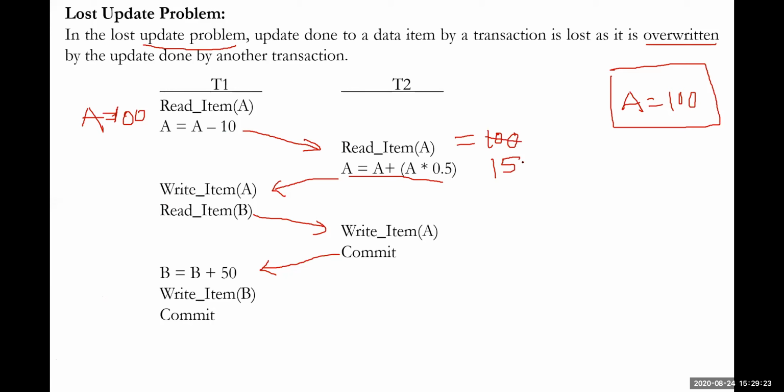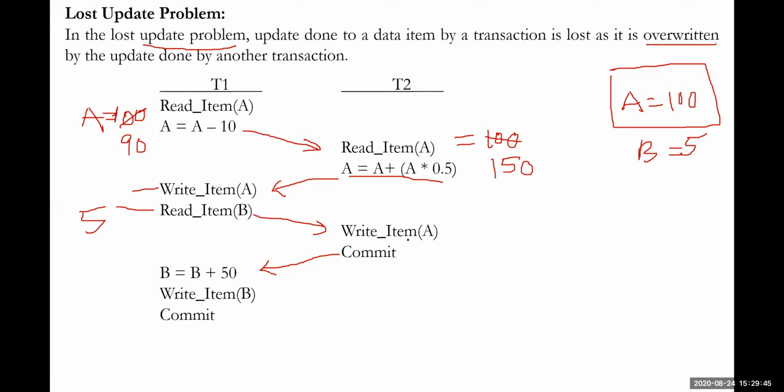It has been taken as 150. It has been taken as 90 here. Okay, the next statement, because of the statement it is 90. And read B, for example, B will be equal to some 5. It doesn't matter for us whatever the value may be, because we are talking only about A. So read B, it has been taken as some 5.